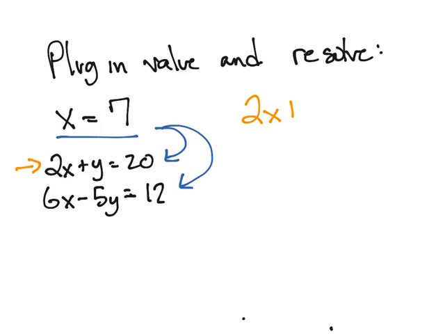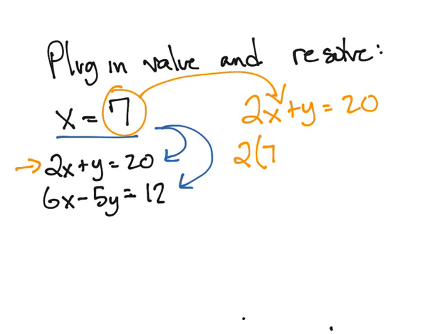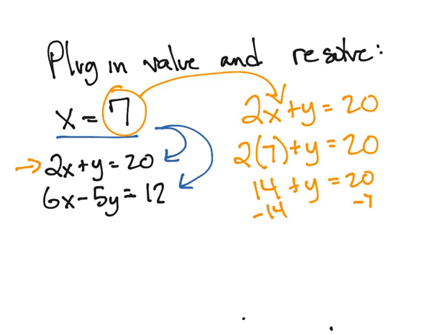So 2x plus y equals 20. I'm going to plug in 7 for x and get 2 times 7 plus y equals 20. Continuing our math, we discover that 14 plus y is equal to 20. We'll subtract 14 from each side, and we'll discover that y is equal to 6.